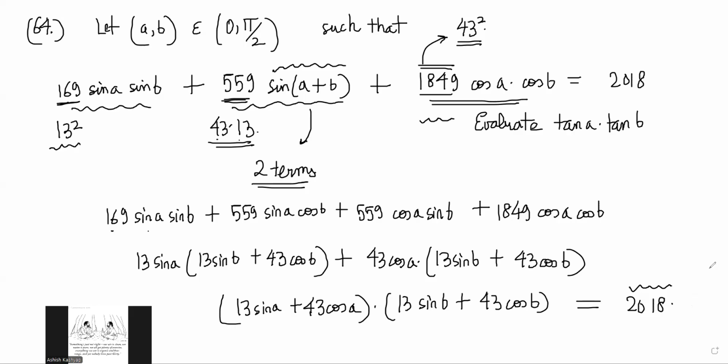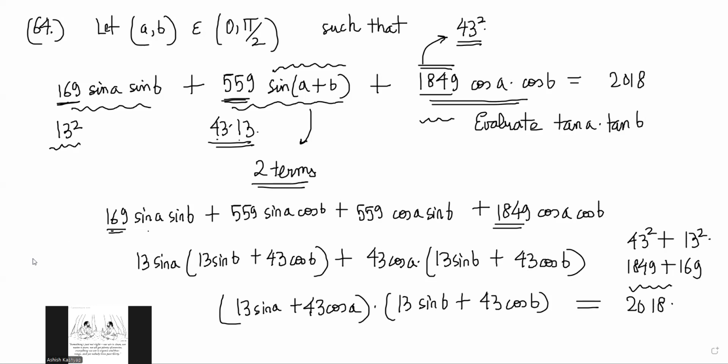Perhaps 2018 is also a nice number, something nice is happening there, right? 43 square plus 13 square. So 1849 plus 169 is 2018 only, right? So 1849 plus 169 or 43 square plus 13 square, right?